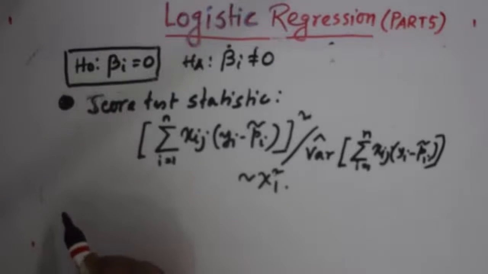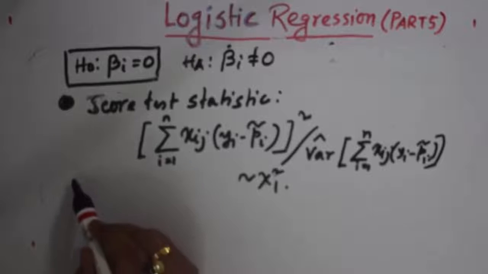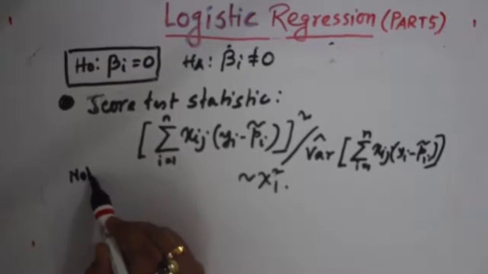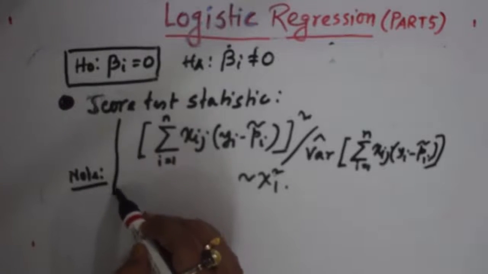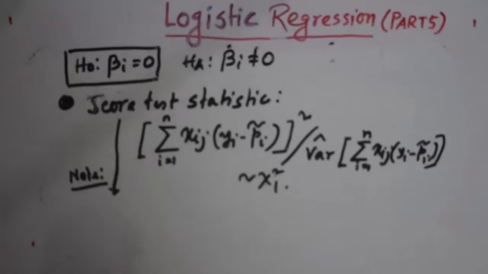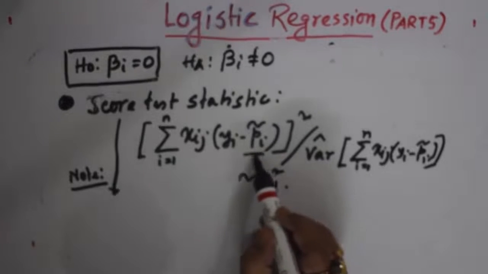Note that in general logistic regression, this score statistic does not have a simple form, because we have to iterate to get the estimates of beta under the null, and thus to get pi tilde.